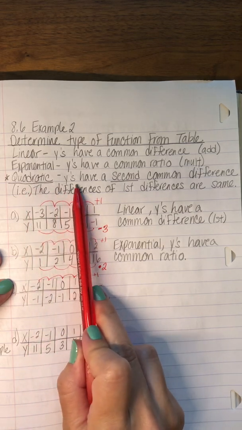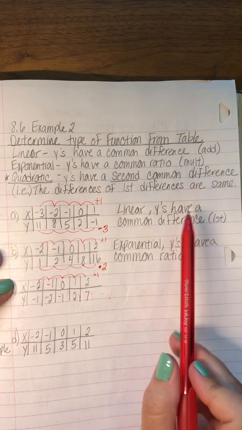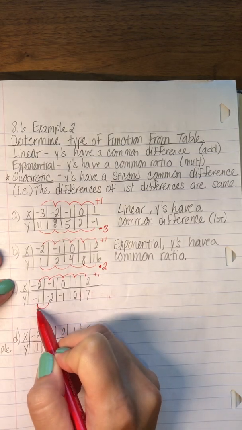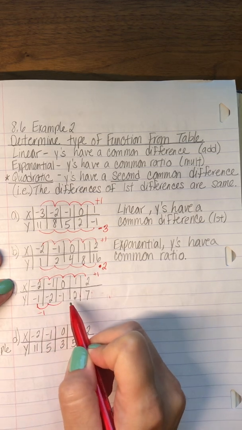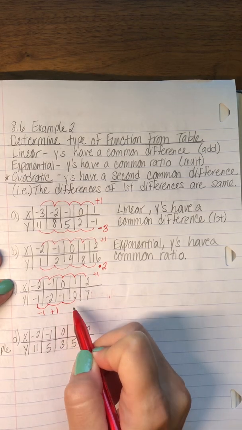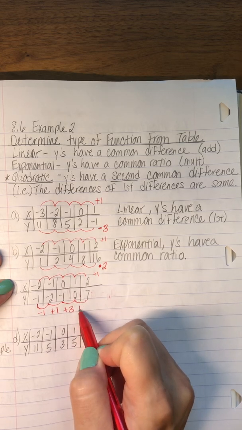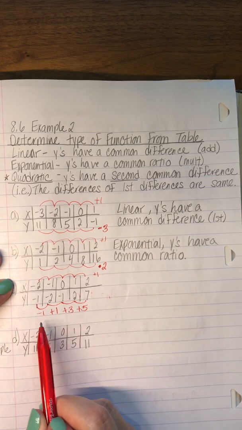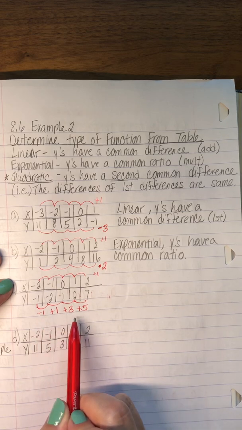And let's see if the y's have a second common difference. So we're going to find the first set of differences. We're going to see what do we have to add. So to get from -1 to -2, that's -1. To get from -2 to -1, that's +1. To get from -1 to 2, that's +3. And then to get from 2 to 7, that's +5. Now these are clearly not the same. But look at the difference between these differences that I just found.